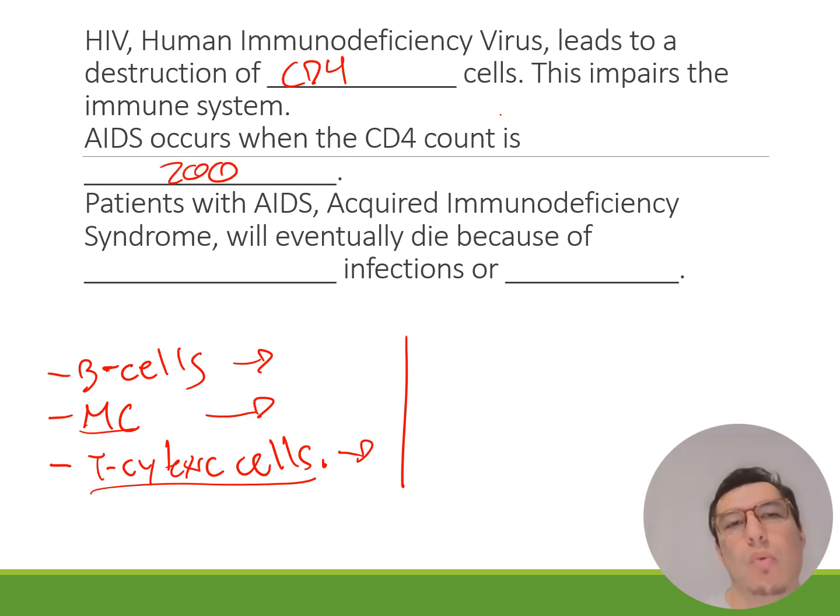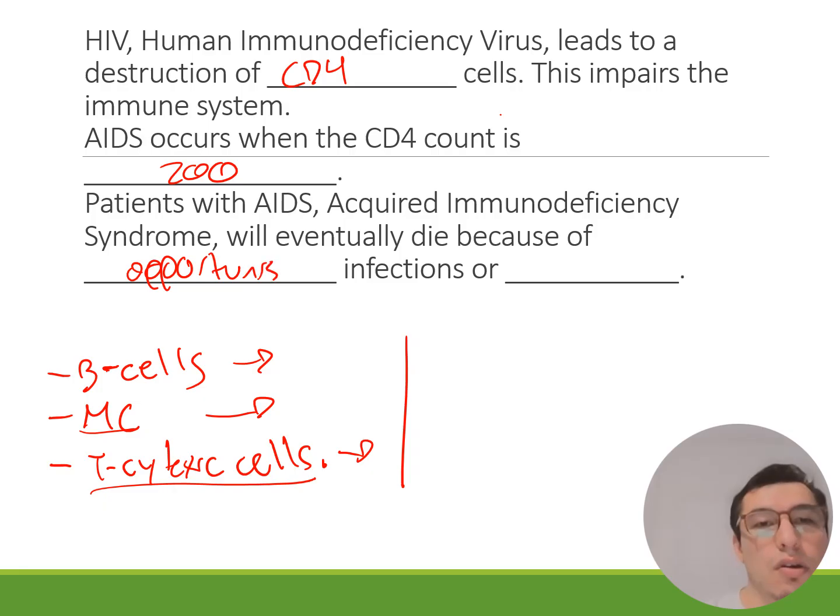When AIDS happens, now we have opportunistic infections that will take over. So infections that can thrive on a low immunity system. Your body has a nutrient-rich environment, so the pathogens will thrive in this section. Now, if there is a poor immune system, there will also be a decrease in surveillance for cancer.